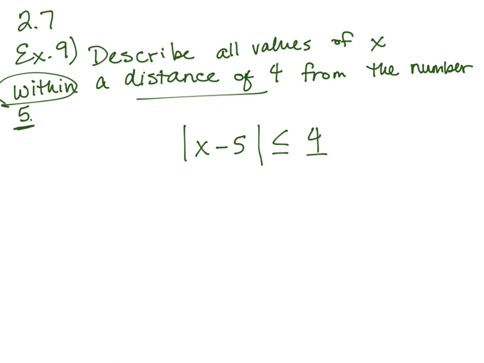The absolute value allows it to be 1, which is 4 under, or 4 below 5. So how do I solve this inequality? The same way that we solved all the inequalities, but we just add to the fact that it's an absolute value situation. So we consider both the positive side, which would say x minus 5 has got to be less than or equal to 4.